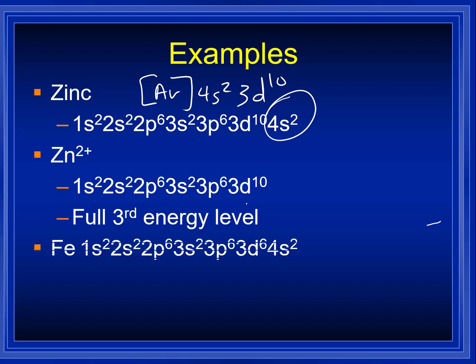Right. Iron, we would write argon 4s2 3d6. Iron makes a 2+ ion.